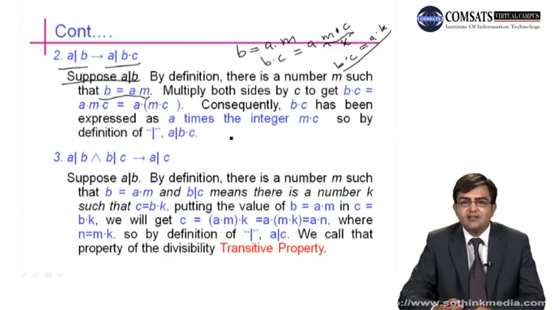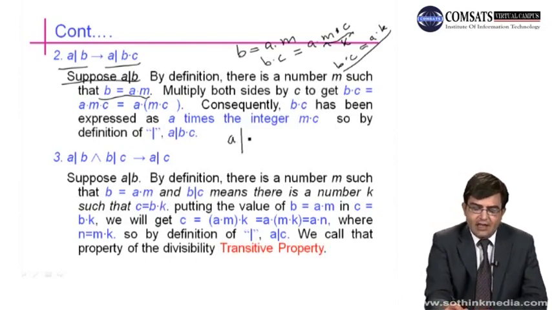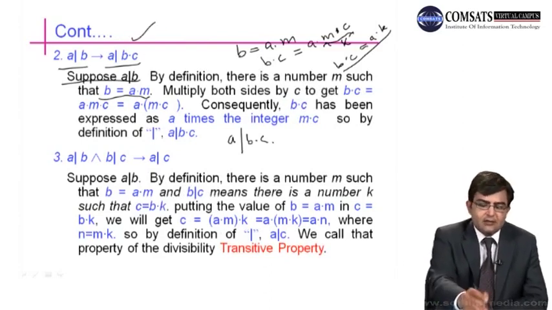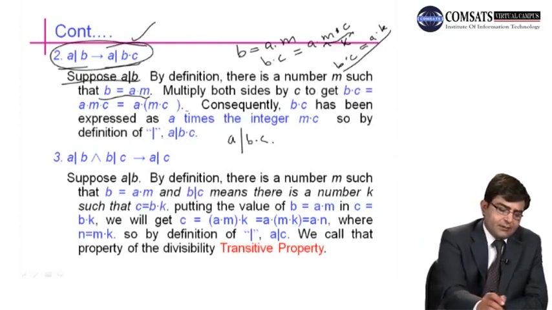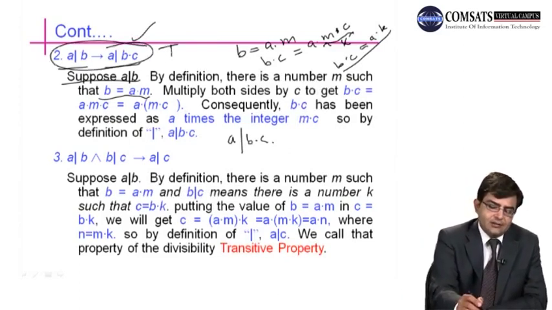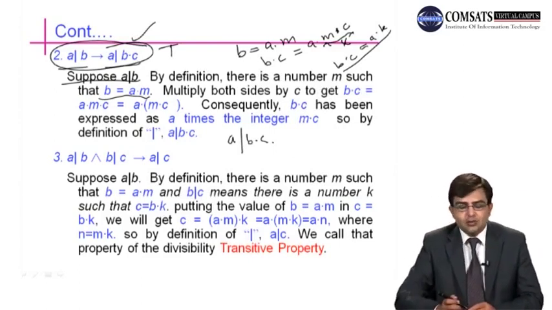What does it mean? By definition of division, a divides b into c, which is the conclusion. So by supposing that the hypothesis is true, we have proved that the conclusion is true. So this whole conditional statement is true for any integers a, b, c. This is basically a universal statement, or you can say a general result.